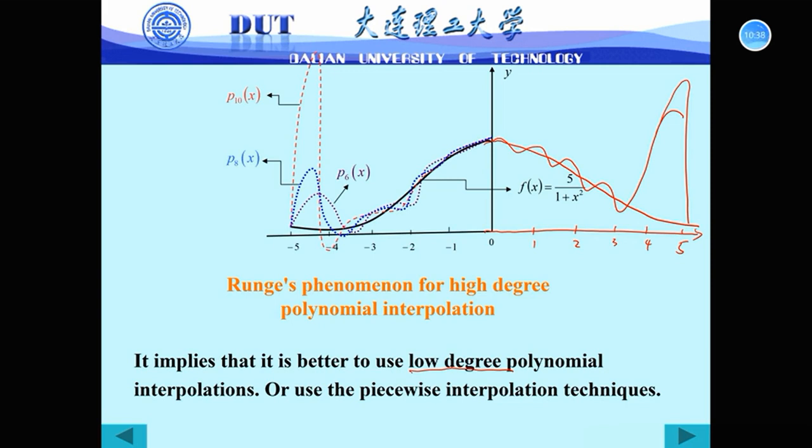That's enough. Do not use high degree polynomial interpolation. In the beginning we know the degree equals the number of nodes minus 1, so we cannot increase the degree, and we have to use the piecewise interpolation technique.